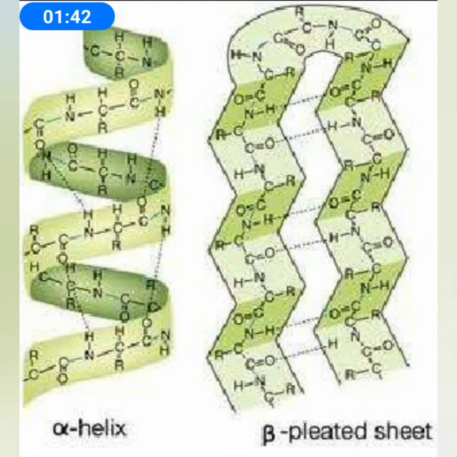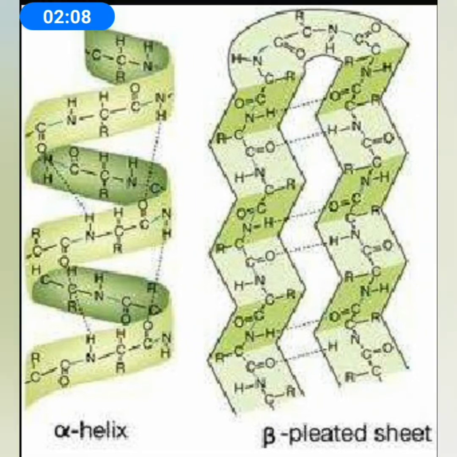Now, the planarity of the peptide bond forces the peptide to be pleated. You can see the arrangement here. So it is pleated, and the side chains of amino acids protrude above and below the sheet.